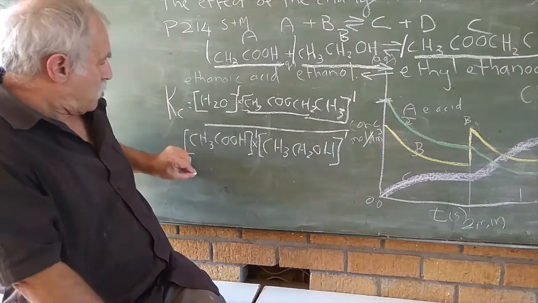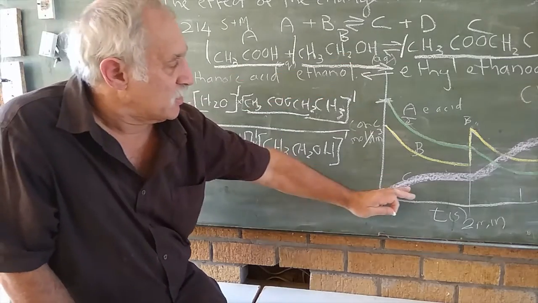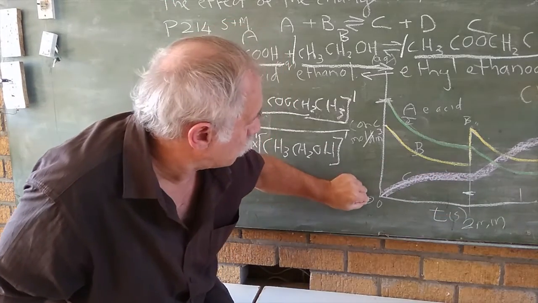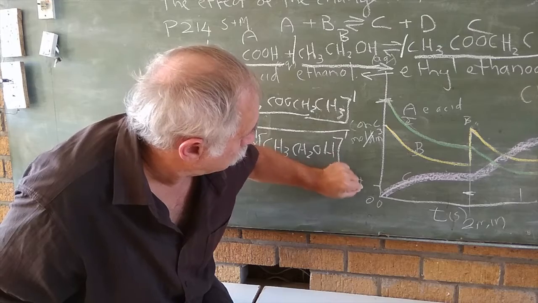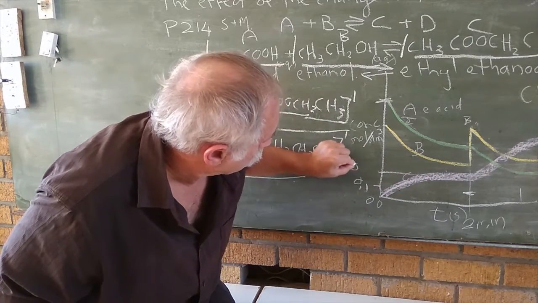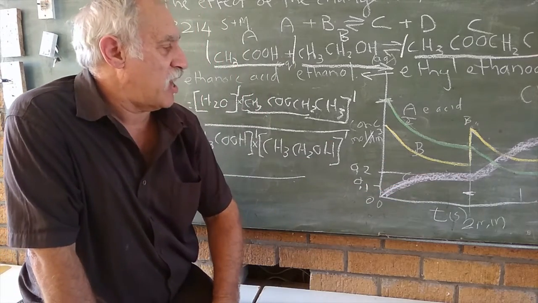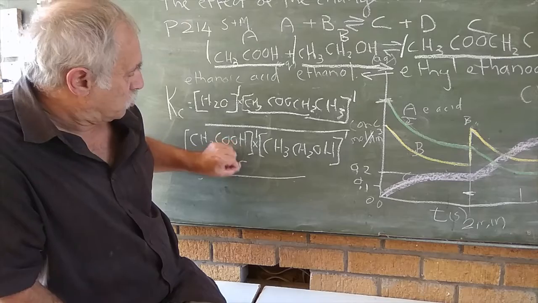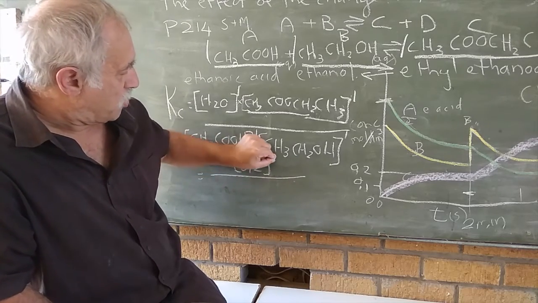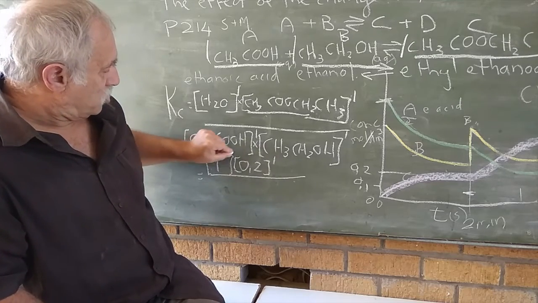Right, now let's give the actual values for all of these. Let's read it from our graph. Let's suppose that was 0, 0.1, and let's suppose this is 0.2. So our product at equilibrium is 0.2 raised to the power of 1, and our water is just 1 to the power of 1.